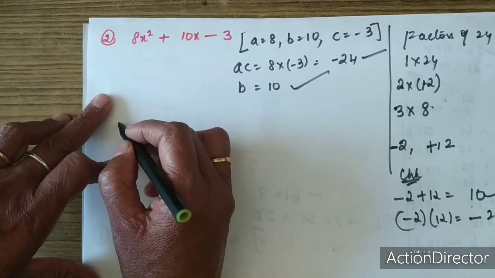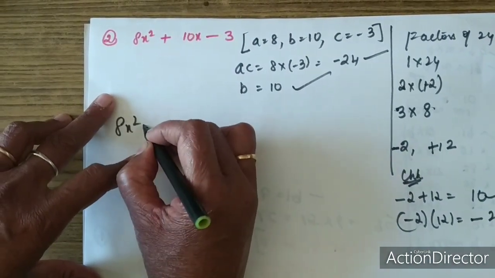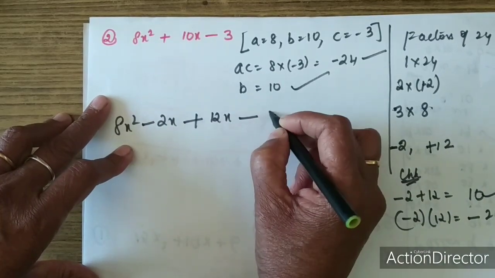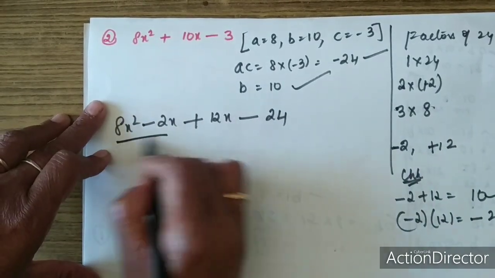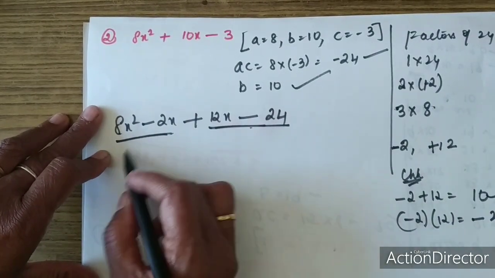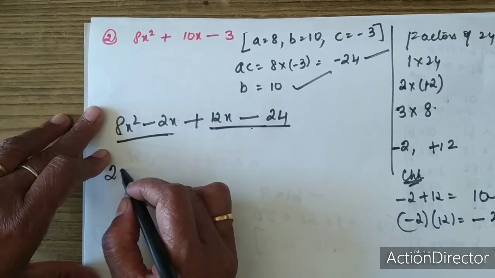So let us split: 8x square minus 2x plus 12x minus 3. Combining the first two and the last two, the HCF of 8 and 2 is 2, and x square and x is x.